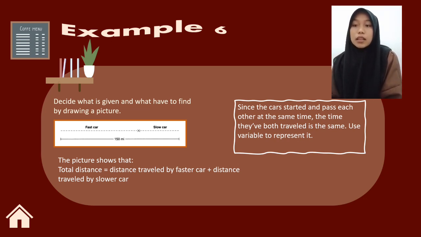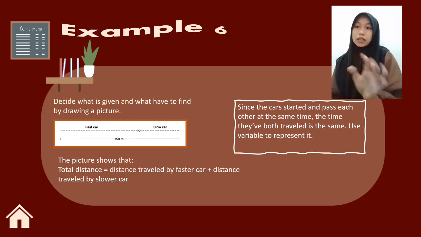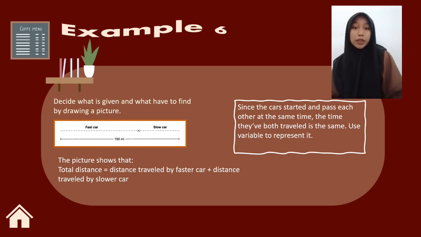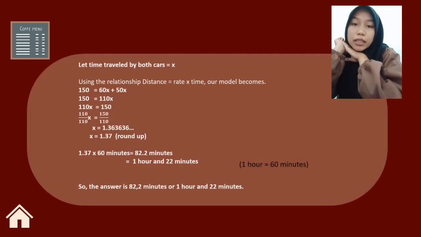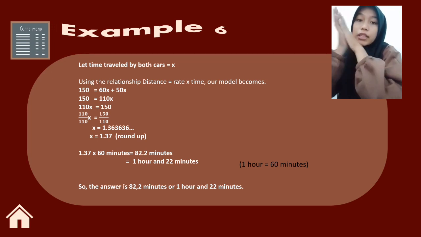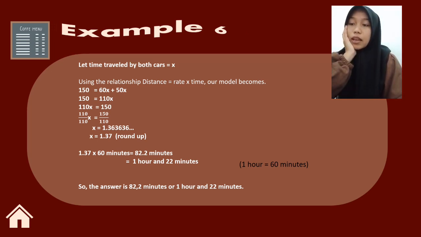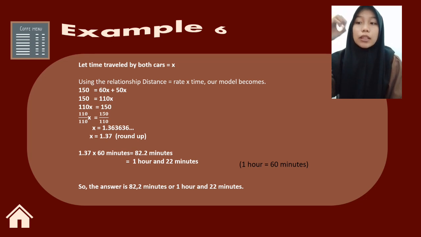Since the cars started and passed each other at the same time, the time they both traveled is the same. Use a variable to represent it. Let the time traveled by both cars be x. Using the relationship distance equals rate times time, our model becomes 150 equals 60x plus 50x.